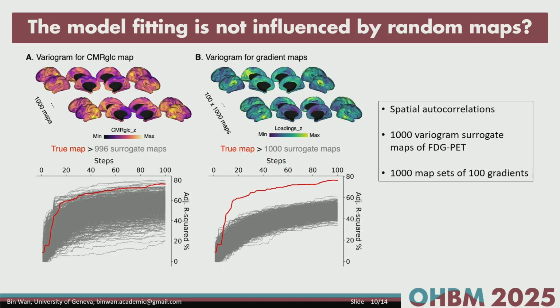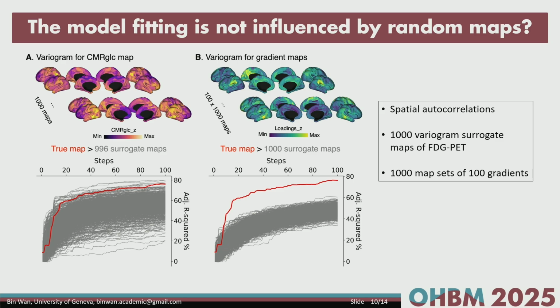Because we use a lot of gradients, some people may ask if you use 100 or more than 50 different brain maps, you can fit any brain map. So here we use spatial autocorrelation to generate 100 surrogate maps using the geodesic distance matrix based on BrainSMASH, if you know this toolbox.